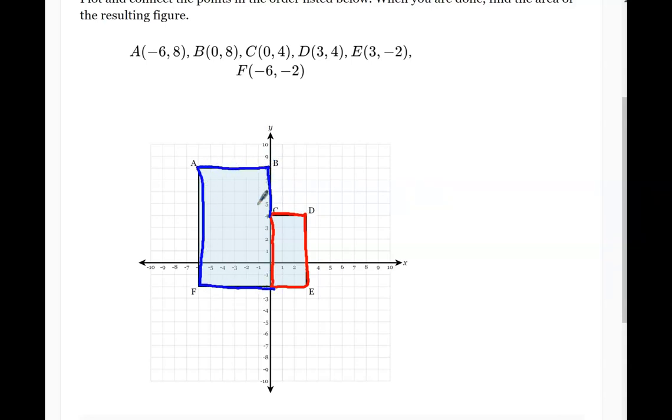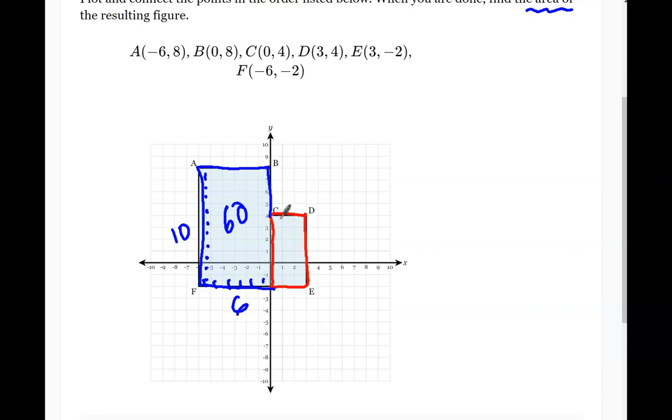Now, when you're calculating the area of a figure, you are multiplying the length times the width. So for my blue rectangle, my length is 1, 2, 3, 4, 5, 6 units, and my width, or the side here, is 1, 2, 3, 4, 5, 6, 7, 8, 9, 10. So this has an area of 60.